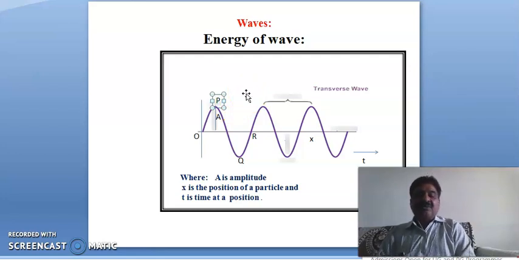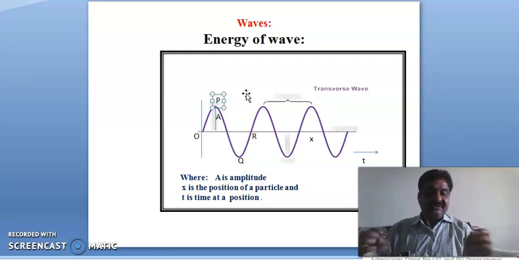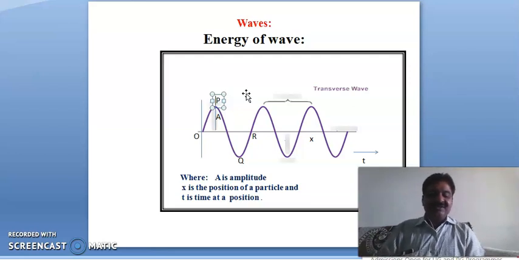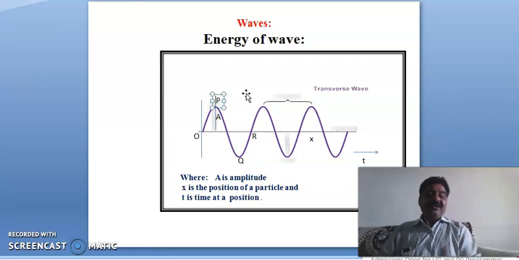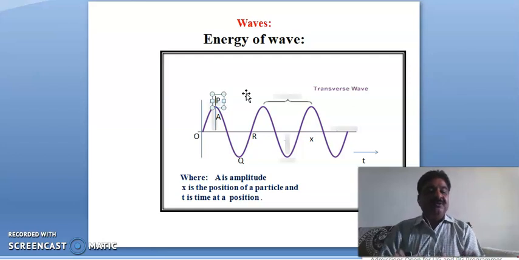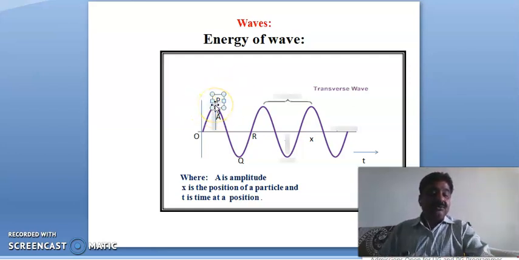If it is asked what the kinetic energy is, you can say it is 50, because potential energy and kinetic energy are the same. So at any point you take on a wave, whatever the kinetic energy, the same is the potential. This point is very important.